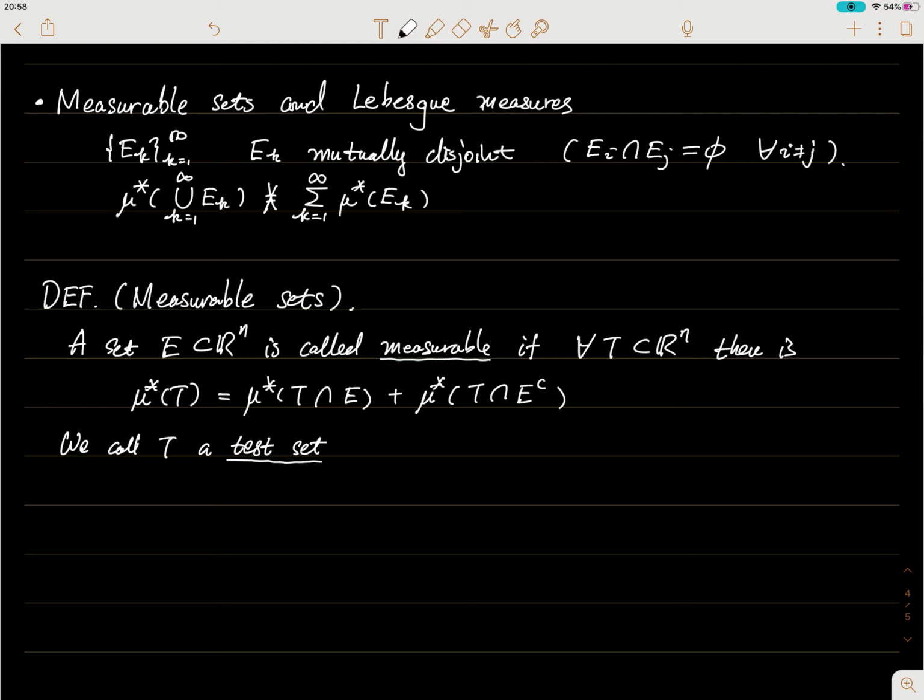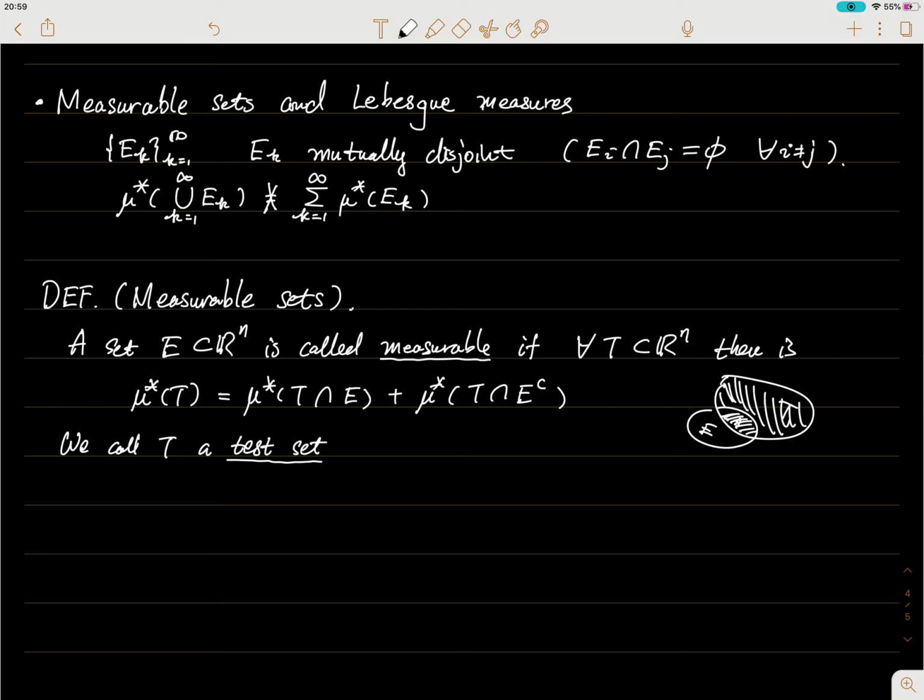Okay, so what this definition says is, if E is measurable, then for the decomposition of any test set T, say this is E, it doesn't matter what this T is, the outer measure of T is the same as the sum of this part, which is the intersection of T and E, plus the outer measure of this part.